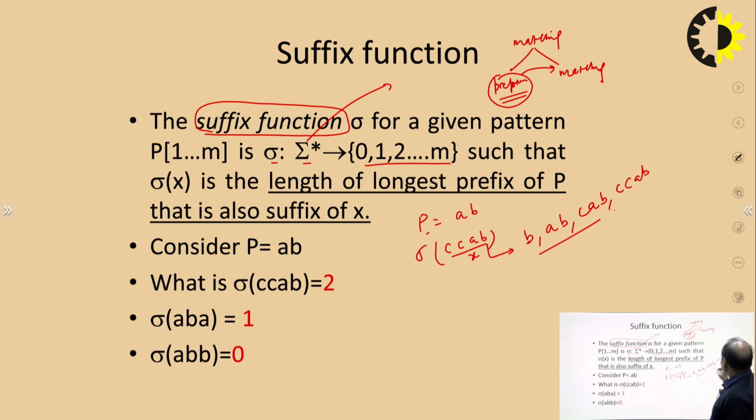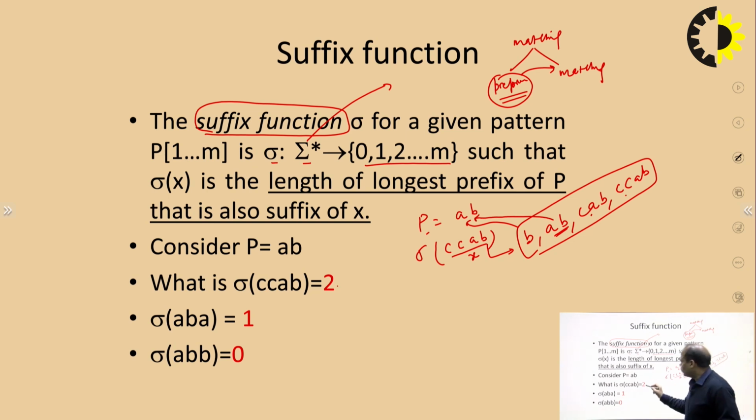Which of these suffixes is part of the prefix, with maximum length? We start from CCAB. CCAB is not part of the prefix. CAB is not part of the prefix. Of course, AB is part of the prefix. That means its length is going to be 2. This is the suffix function.